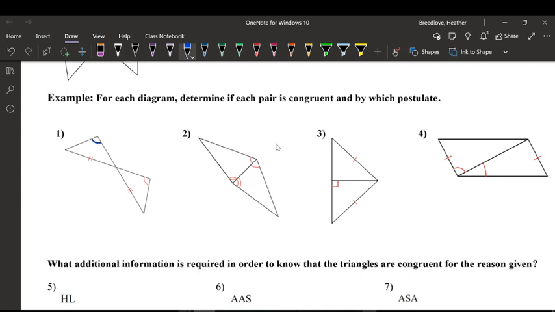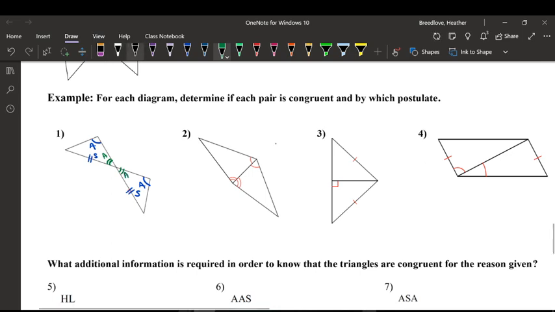So I have an angle. Both have an angle marked the same, and they both have a side marked the same. There's nothing else marked, but we know these are vertical angles because they have that bow tie shape. Vertical angles share a vertex, so they're the same, and that's another angle.